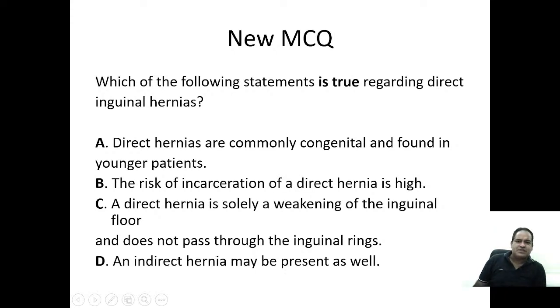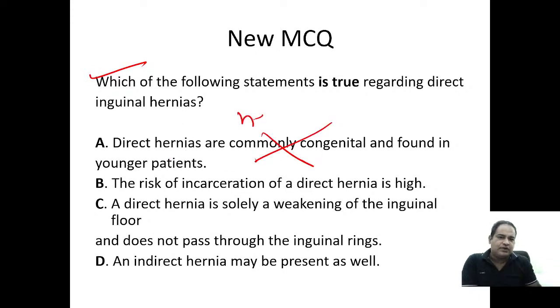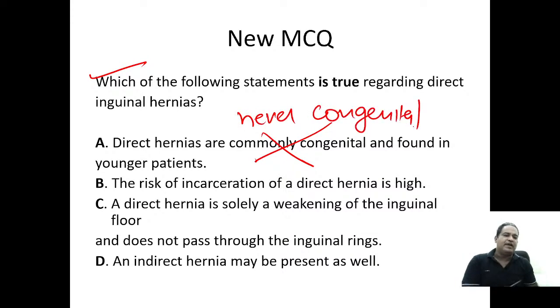Fascia transversalis. Deep inguinal ring is a defect in the fascia transversalis. It is made by the transversus abdominis and internal oblique combined. Yes, please answer this question. Direct inguinal hernias are never congenital, and they are found in elderly patients.